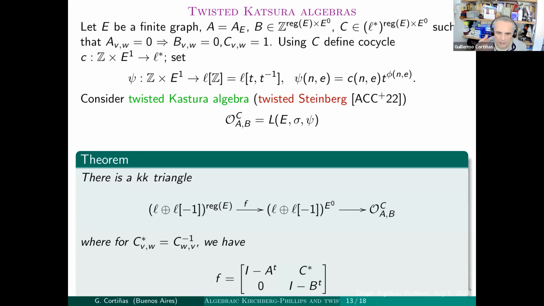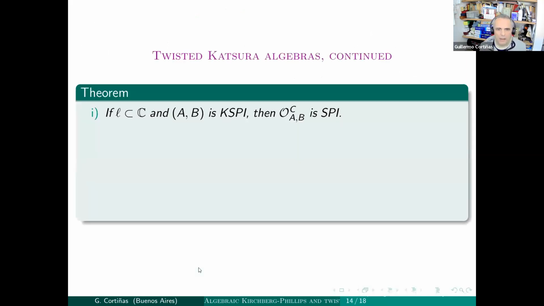Okay, so now this is sufficiently general. And what I can show is the following. If L is a subfield of the complex numbers and AB satisfies the Katsura conditions for simple purely infiniteness, then the twisted Katsura algebra is simple purely infinite.